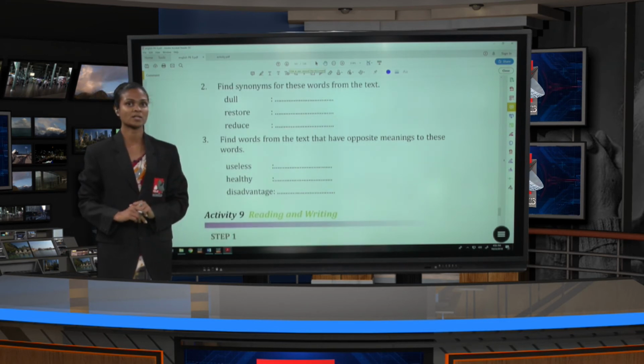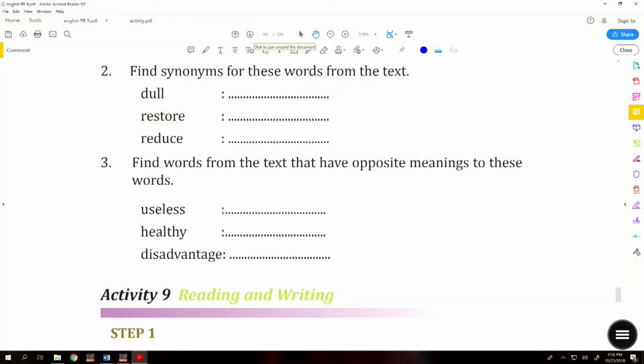Find words from the text that have opposite meanings to these words: useless, healthy and disadvantage.